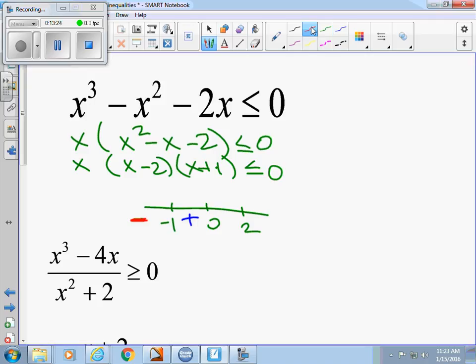Positive 1. Positive, negative, positive, which is negative. And positive, positive, positive, which is positive. Notice there were no multiplicities greater than 1. So, Drew, you asked earlier again, can I assume switching positive to negative and vice versa?